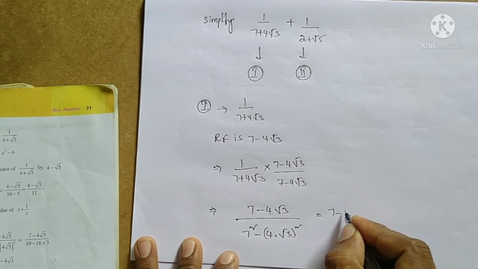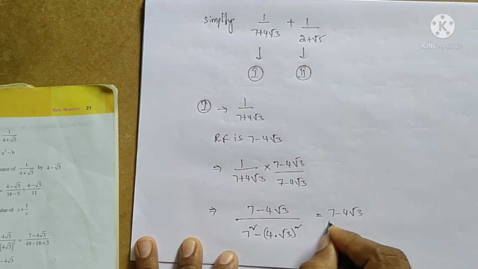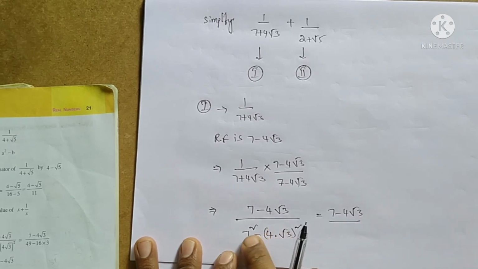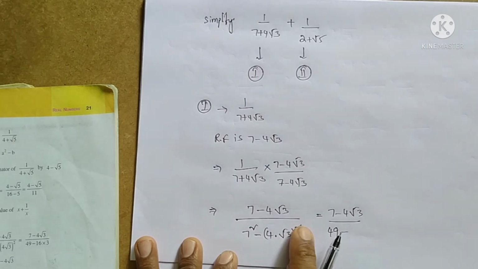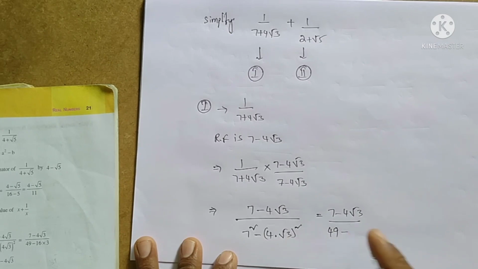So that is equal to 7 minus 4 root 3 by 7 sevens are 49 minus 4 into root 3 whole square, means 4 fours are 16. Root 3 whole square means the square root cancels. So 16 into 3s are 48.